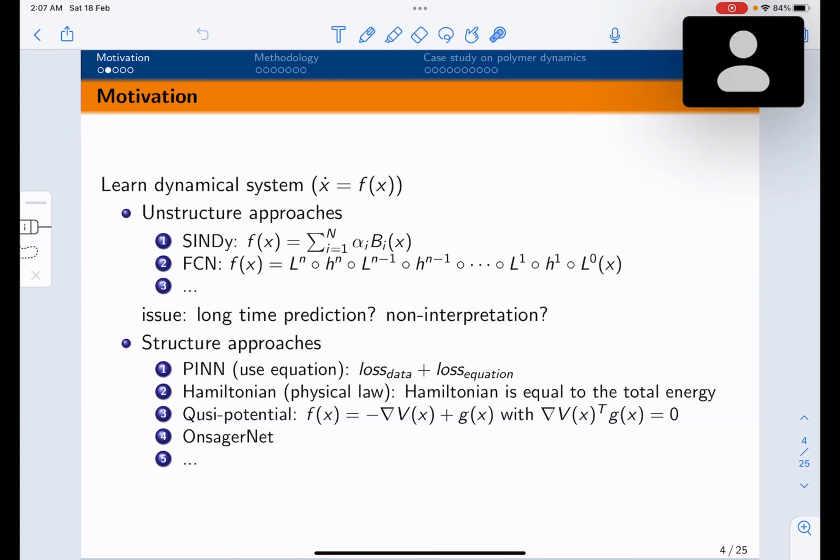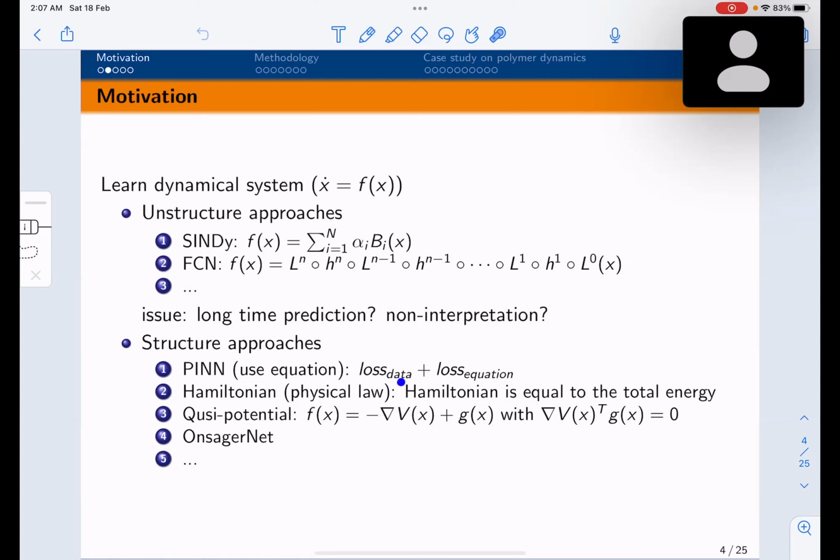This method is very easy to train, but it may have some issues, for example long-time prediction, and whether the method can interpret the dynamic system.